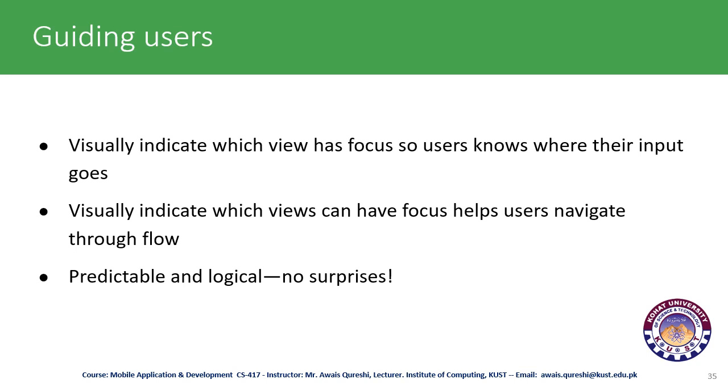Guiding users: usually you visually indicate which view has focus, so users know where their input goes. By default, the cursor is blinking on an input control like a text box or edit text, and the button has a particular border that appears when the button gets focus. So there are some visuals that indicate which input control is under focus.